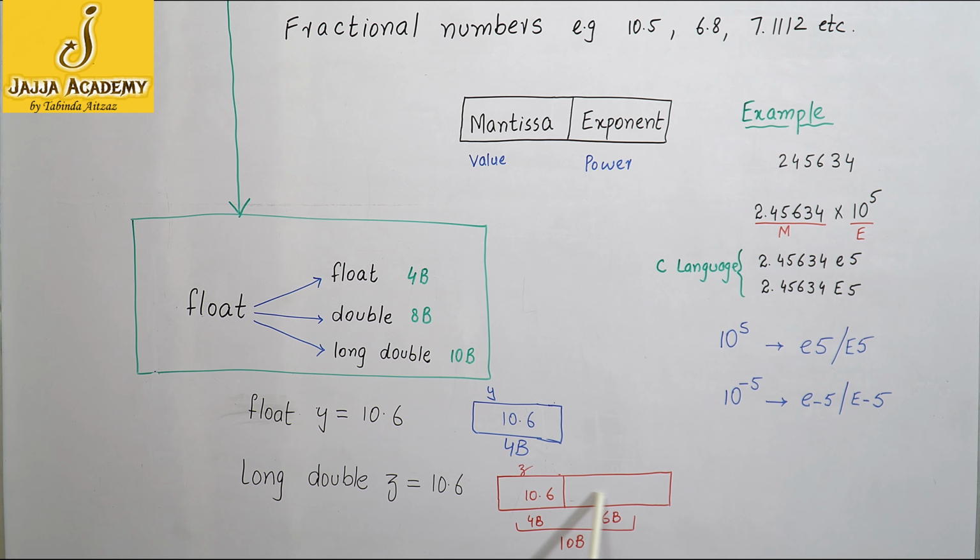This memory will be wasted and it will affect the performance of my program. So you should select data types very carefully, because memory storage will be wasted if you choose a larger data type to store smaller values. Now let's move to the third primitive data type, which is the character data type.